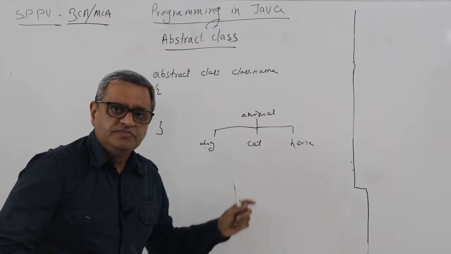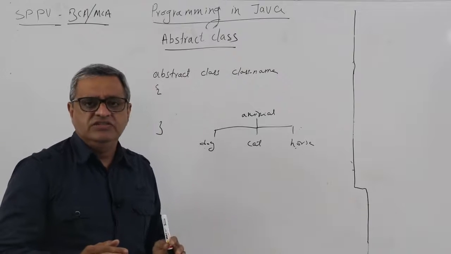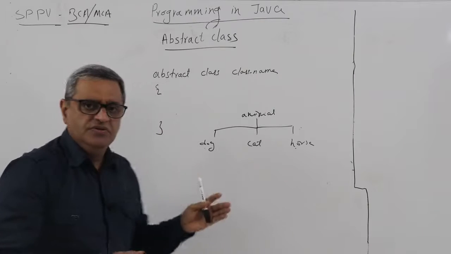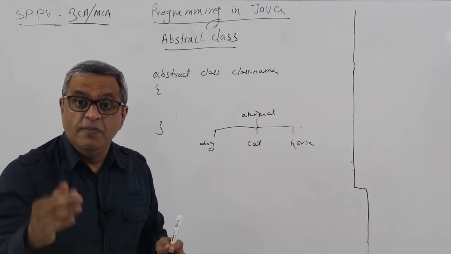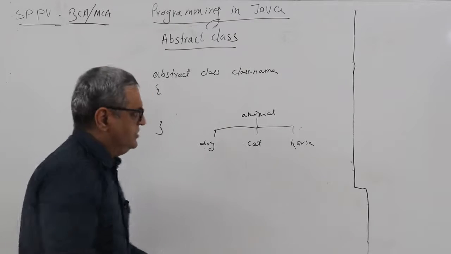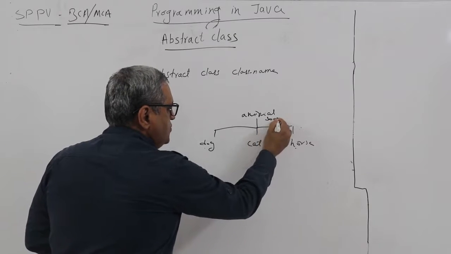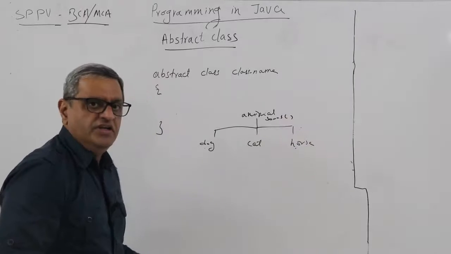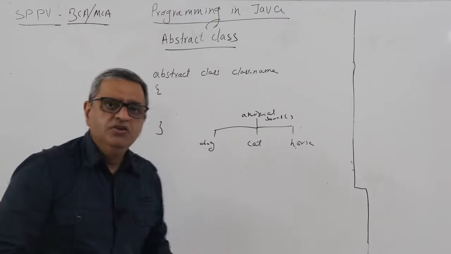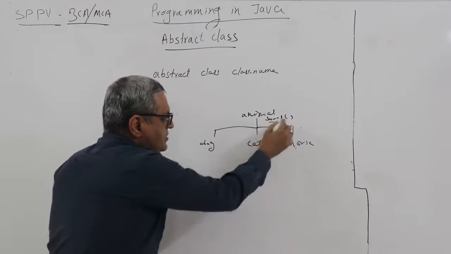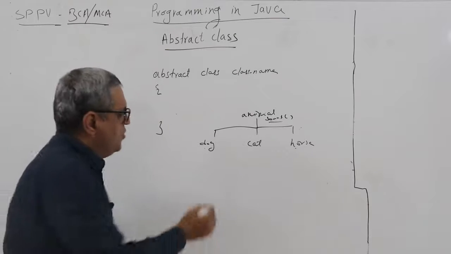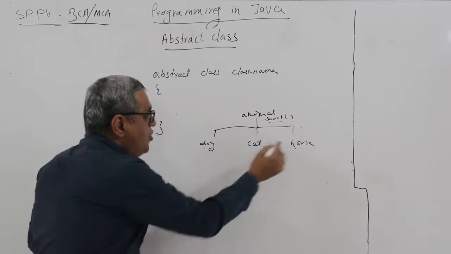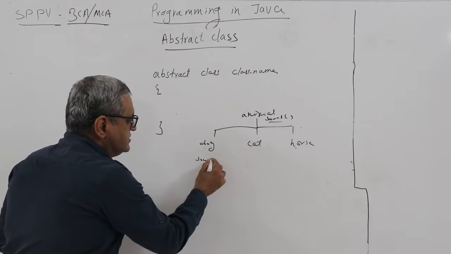Now if animal class has a method called, say, sound, I know that this method always needs to be overridden by all the child classes.